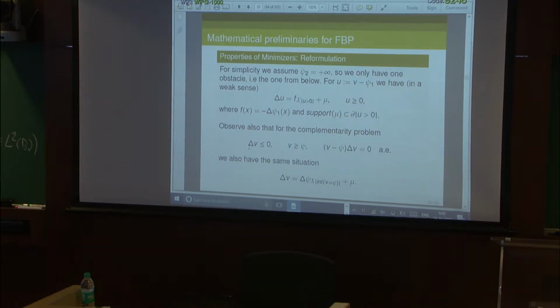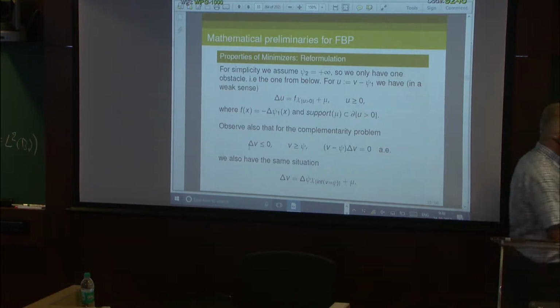So what happens here is that if you just subtract this and this, you're going to get minus Laplacian of psi, which is this one. It takes out this part, but not completely. So v is larger than psi plus the measure.